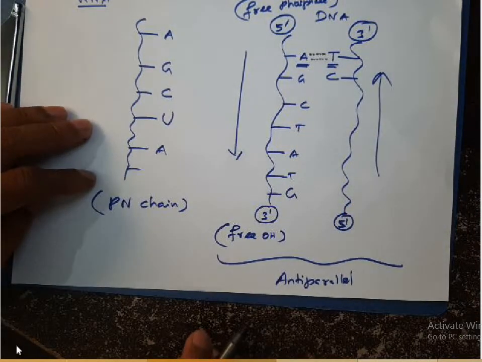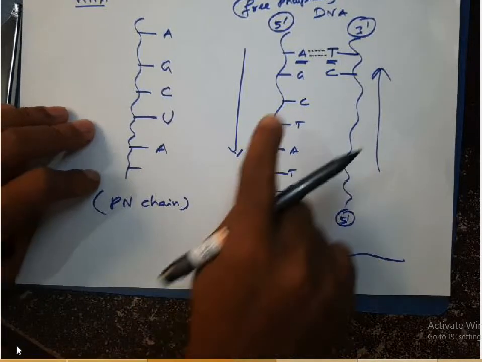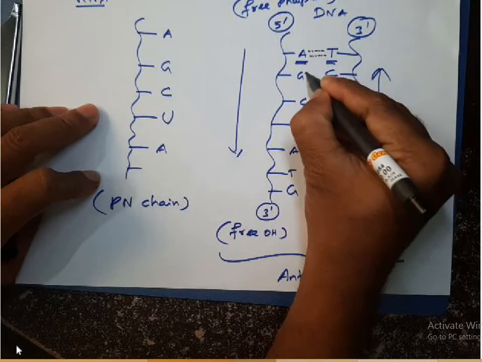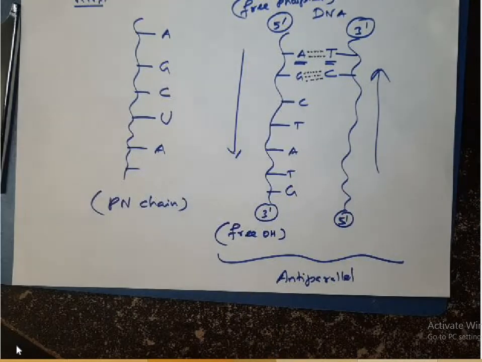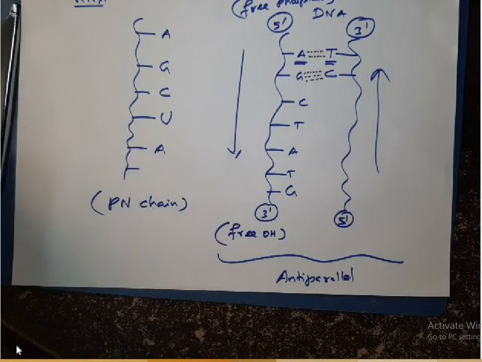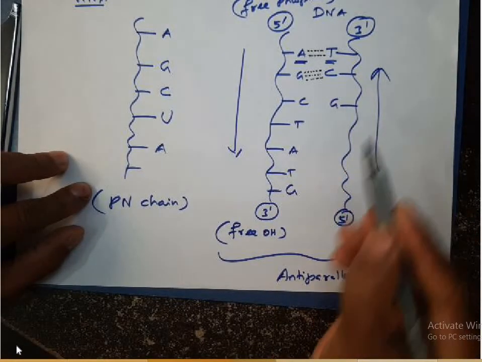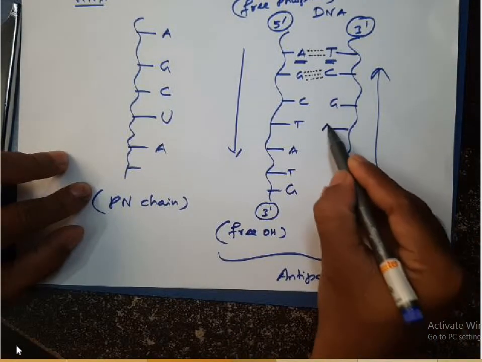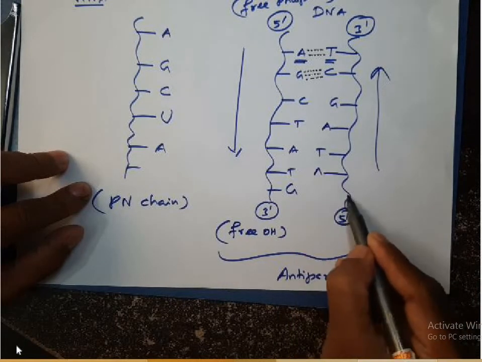Between guanine and cytosine, we get 3 hydrogen bonds. I didn't draw the full structure here. Cytosine always combines with guanine. Thymine always combines with adenine. Adenine, thymine. Thymine, adenine. Guanine, cytosine.